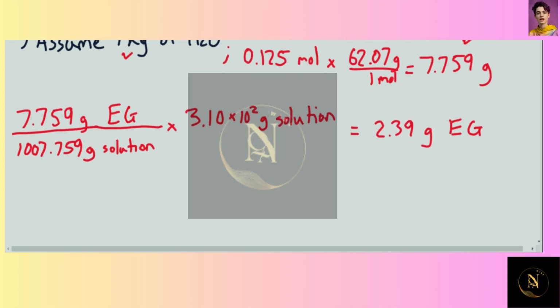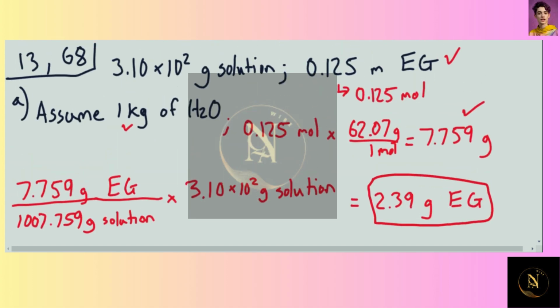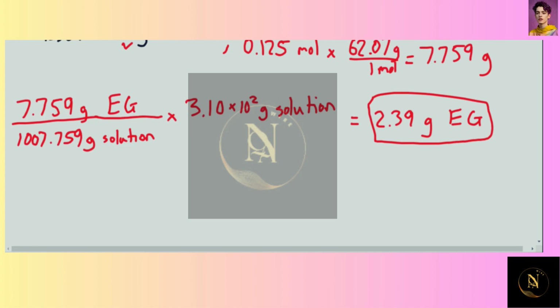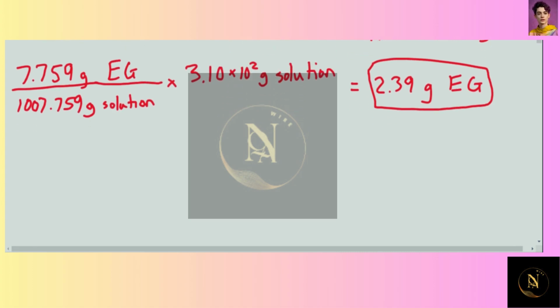So this is how much ethylene glycol is needed to make this entire solution here. Now, how much water is needed? We know the entire mass of the solution, which is 310 grams, which is this value.